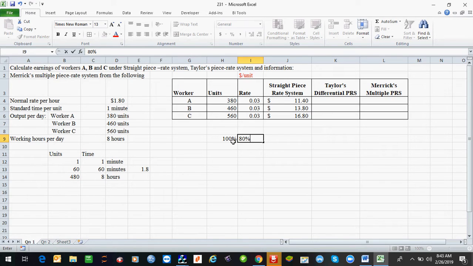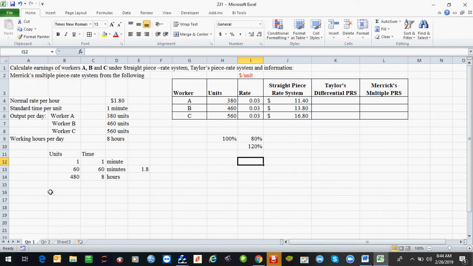Our normal production is 480 units. So any production less than our normal production, we pay at 80%. Then production greater than the normal, we pay at 120%. That is according to Taylor's differential piece rate system.